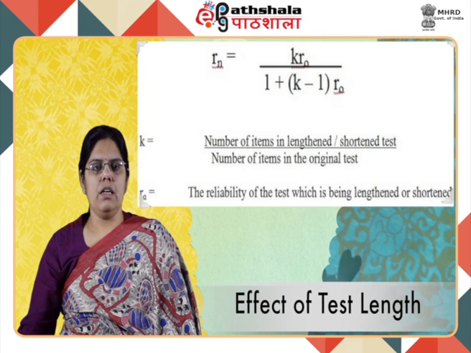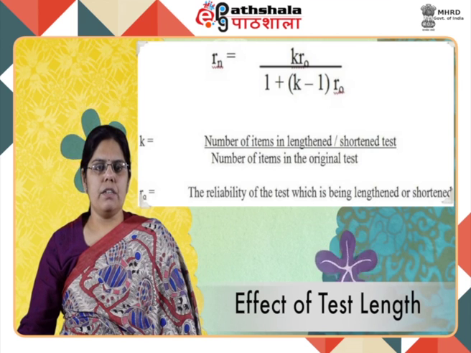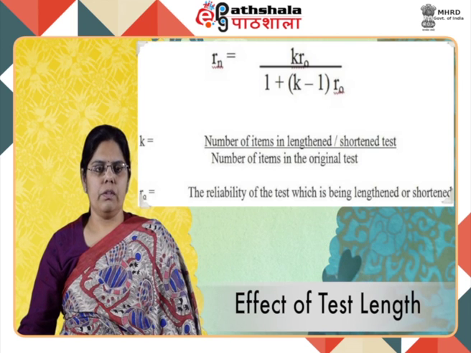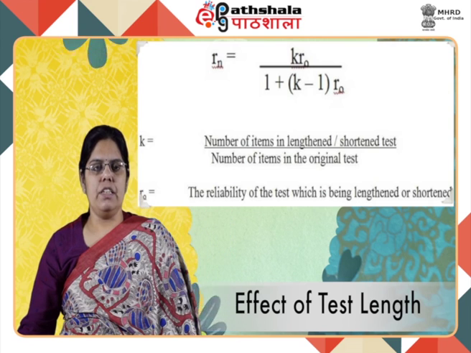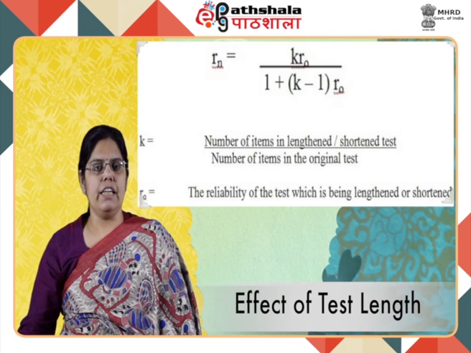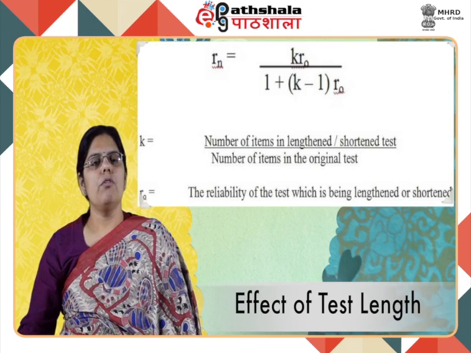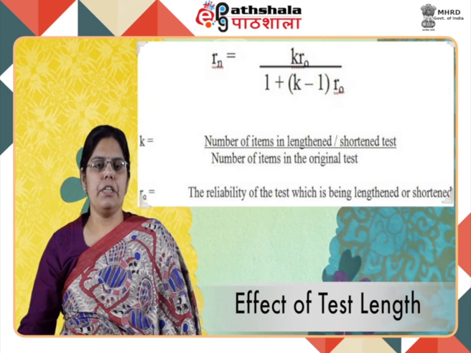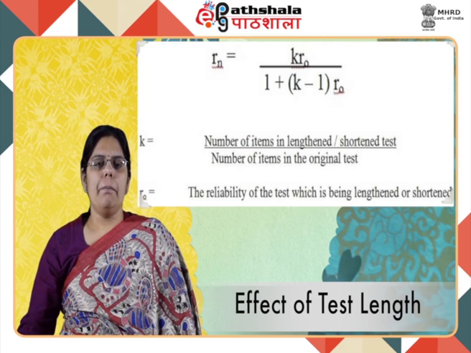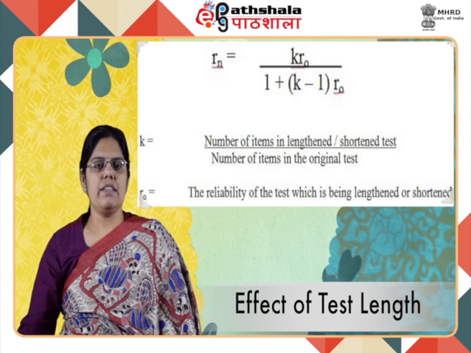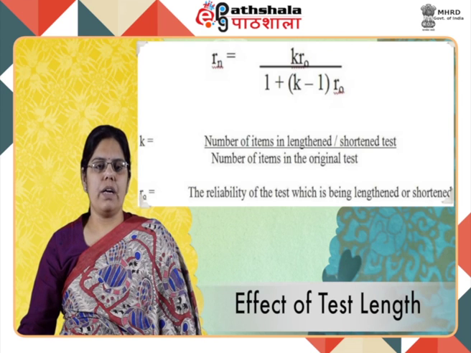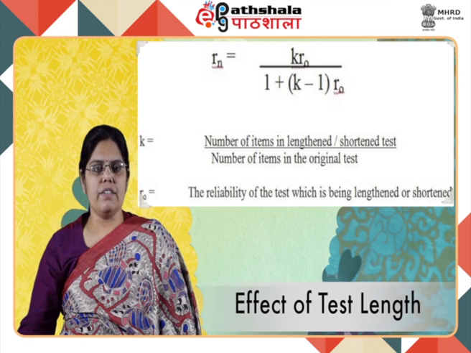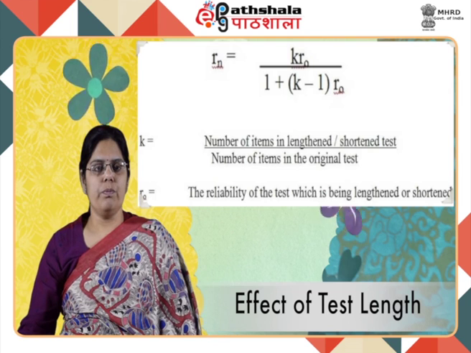Further calculating, 1.80 divided by 1 plus 1.20. Thus, the new reliability will come out to be 0.82. What we have seen in this particular example is that by increasing the length of the test items from 40 to 120, the reliability of the test has also increased from 0.60 to 0.82.